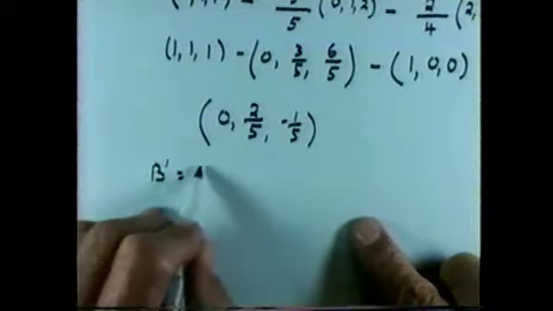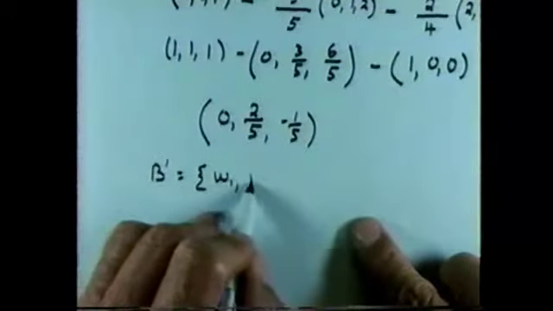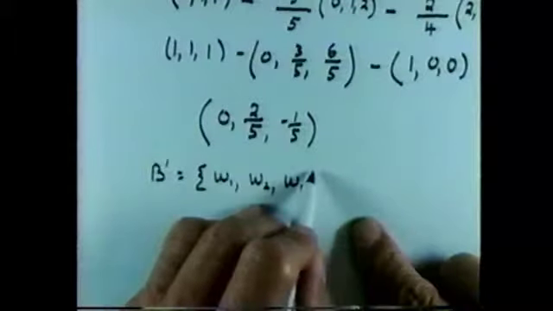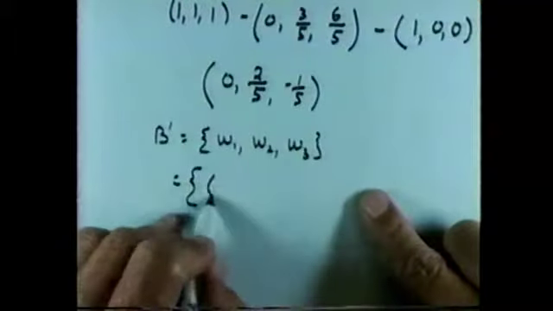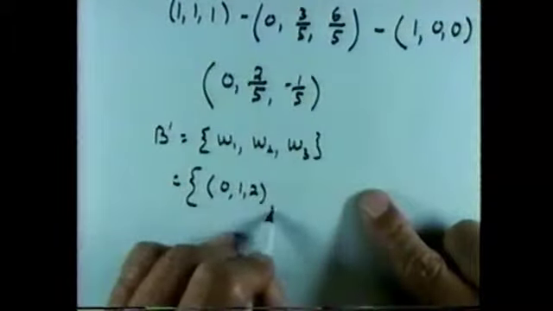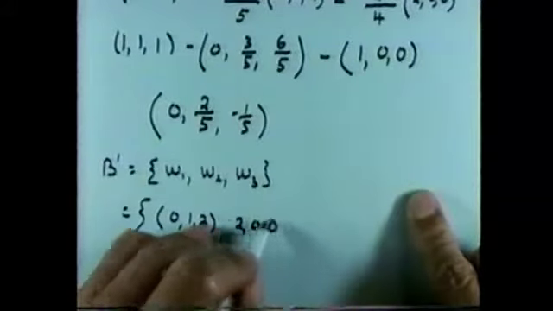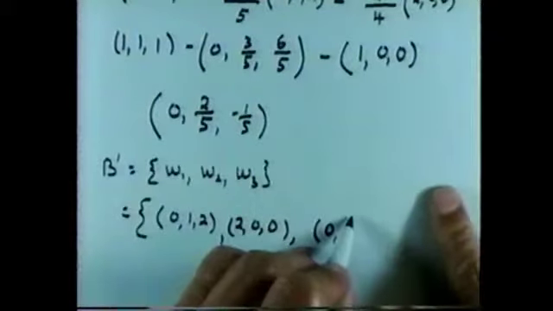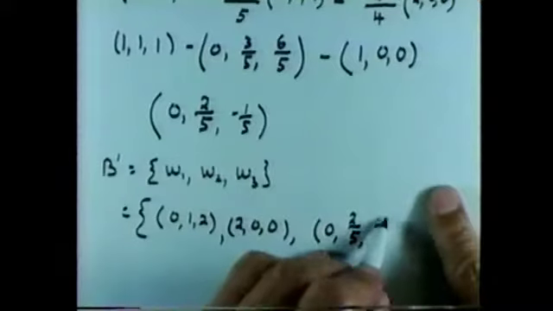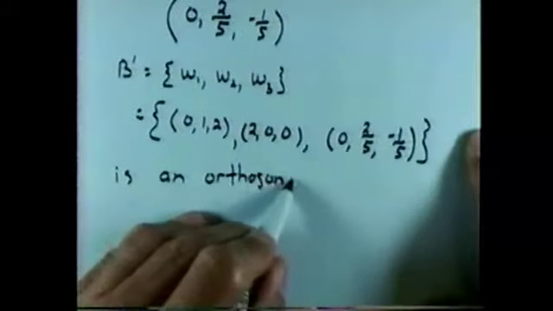So B prime, which is equal to the set W1, W2, W3, where W1, if you look back, was (0, 1, 2), W2 was (2, 0, 0), and W3 is (0, 2/5, negative 1/5), is an orthogonal basis.